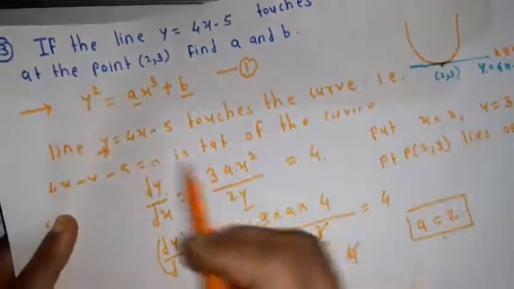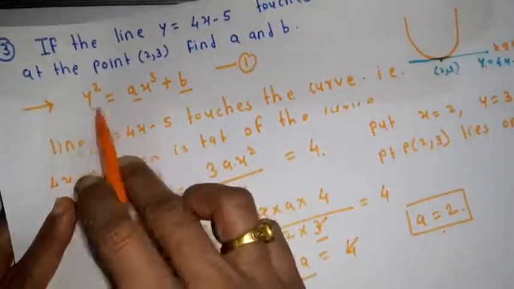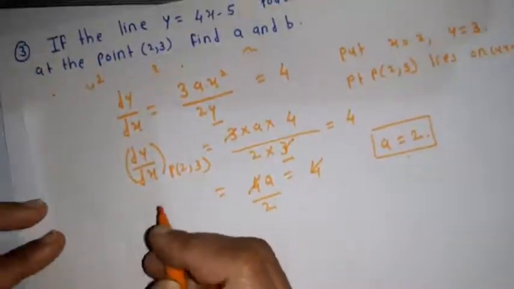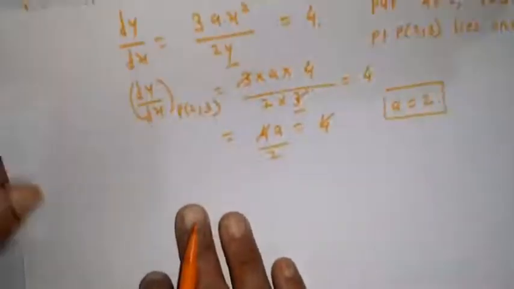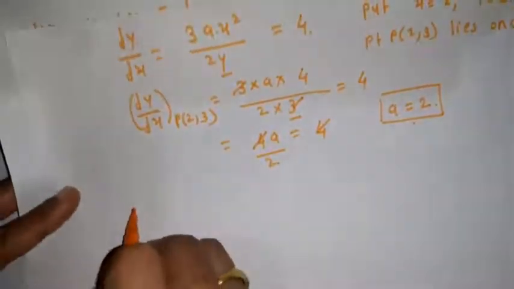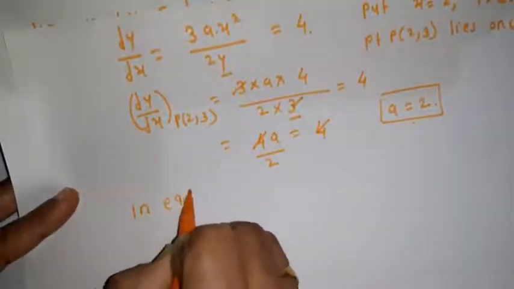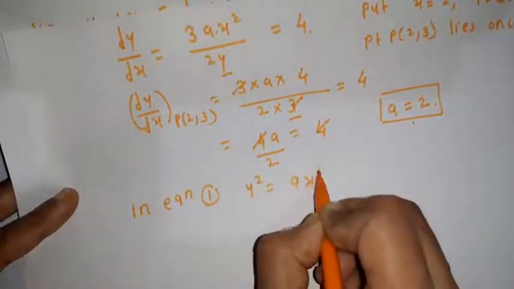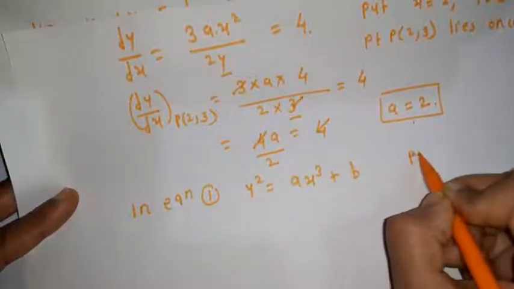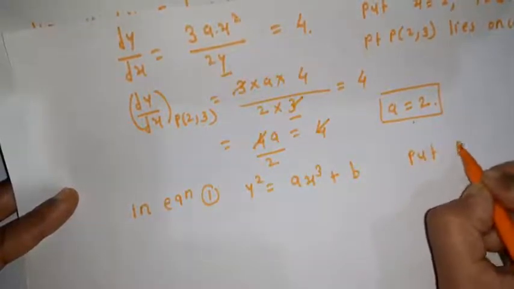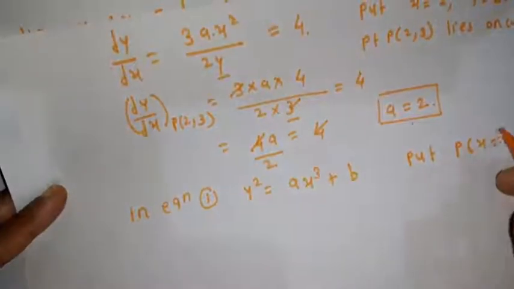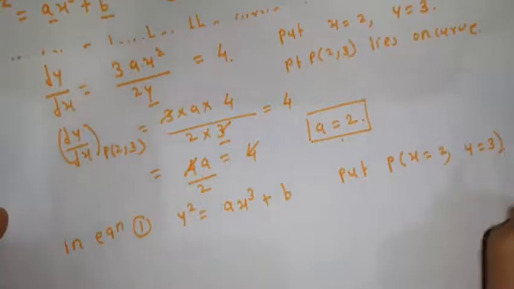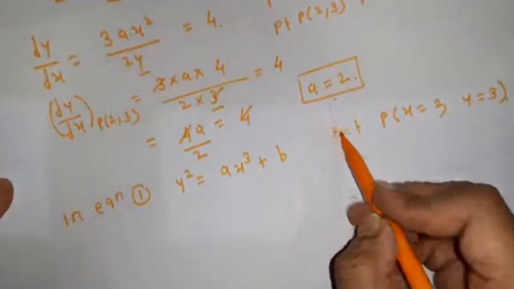put the given values in equation 1, that is y square equal to ax cube plus b. Put the values of x and y from the point P, x equal to 2, y equal to 3, and a equal to 2.